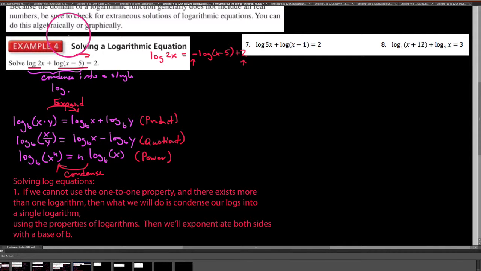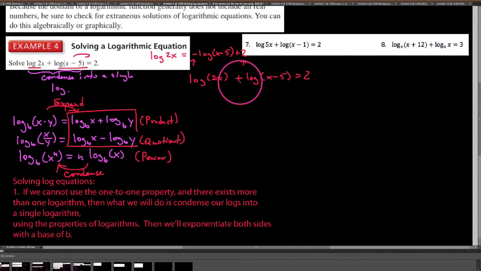So what you're going to look for is a sum of two logs, or a difference of two logs, or a log having a power out in front that we could put back. Essentially, we're going to glue these back into their original expression. So I'm going to write this over here again: log of 2x plus the log of x minus 5 is equal to 2.